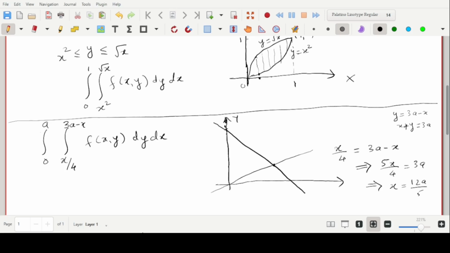So this point, the x coordinate is 12a over 5.